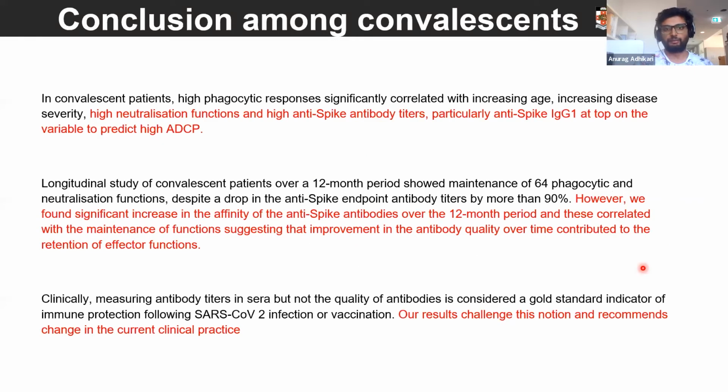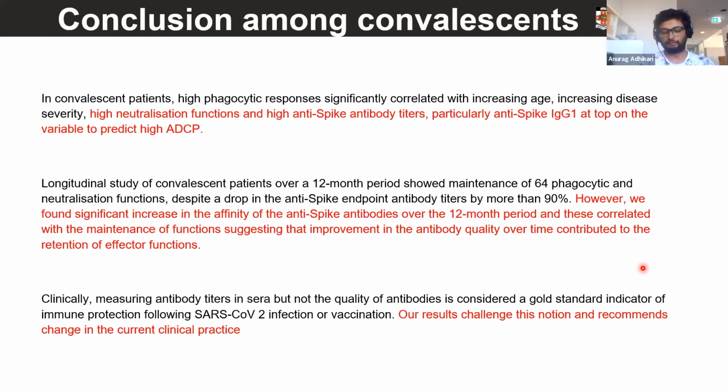So as a conclusion among these convalescents, what we found was there is a severity dependent and age dependent increase in functions, including titers, phagocytosis, ADCP, and neutralisation. And we also did a prediction methodology, where we put all the variables and tried to figure out what variable would predict higher ADCP.